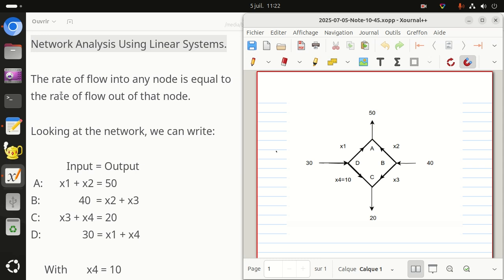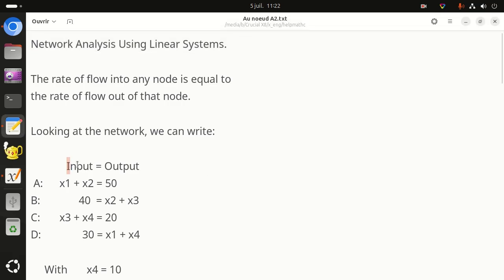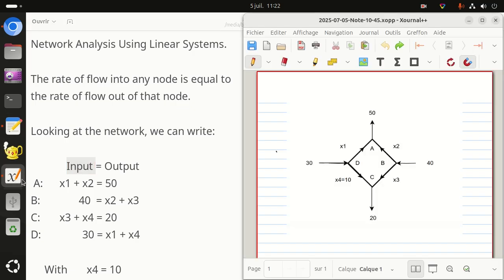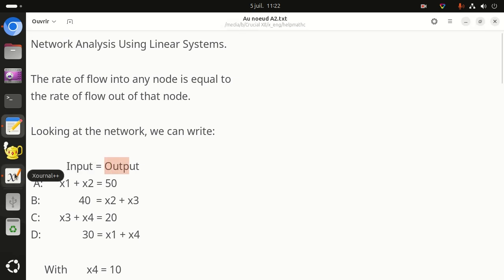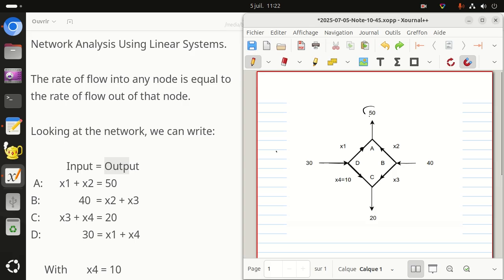For example, you have here the node A, the inputs are x1 and x2, and the output is 50.